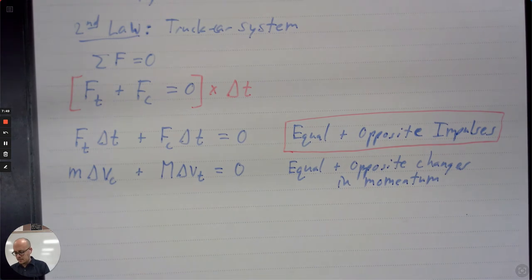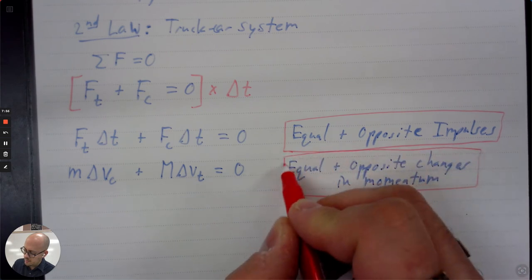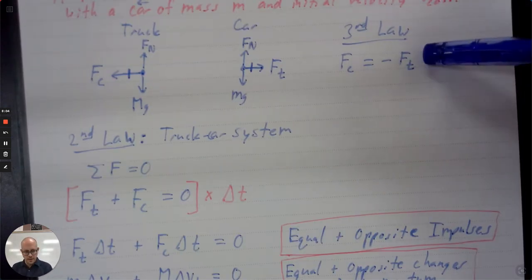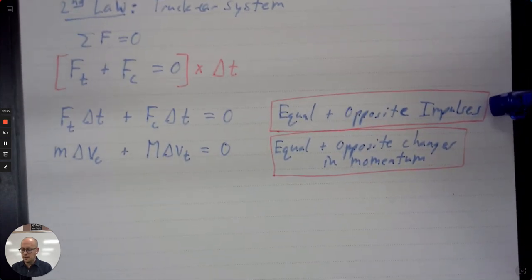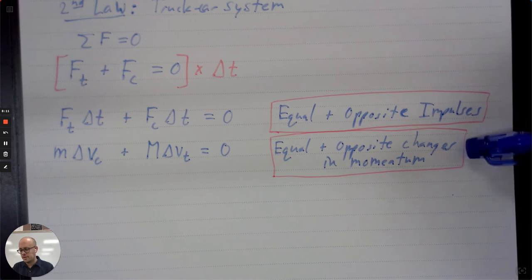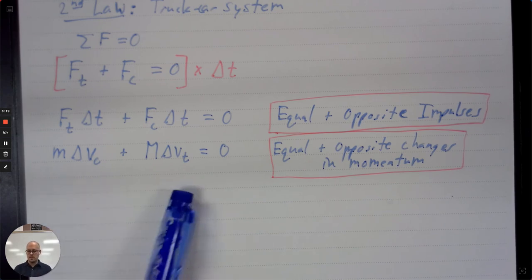So the idea is whenever two objects have an interaction that kind of falls under the general category of collisions, there's a few different types of interactions we're going to think about. But when there's an interaction between objects that results in a Newton's third law force pair, they deliver and experience equal and opposite impulses, and they deliver and experience equal and opposite changes in momentum. And so this kind of gets us to the door of momentum conservation.